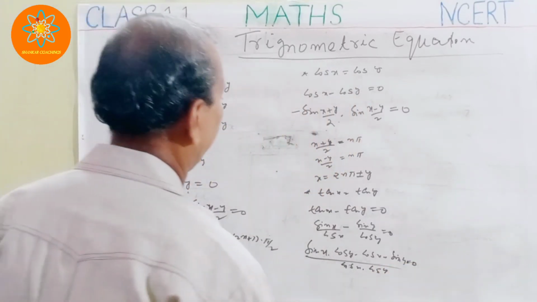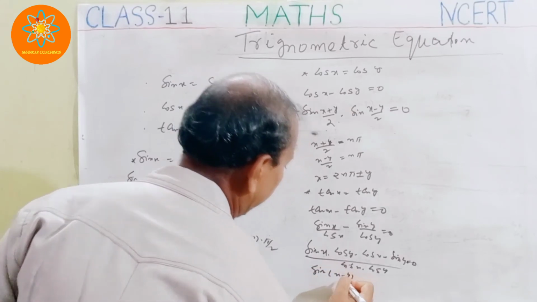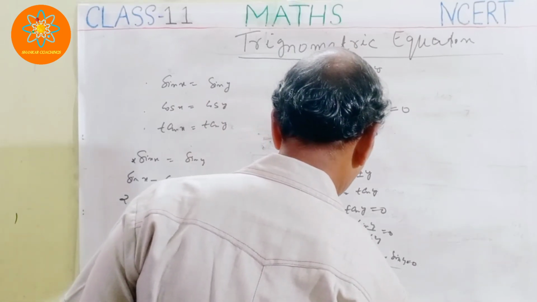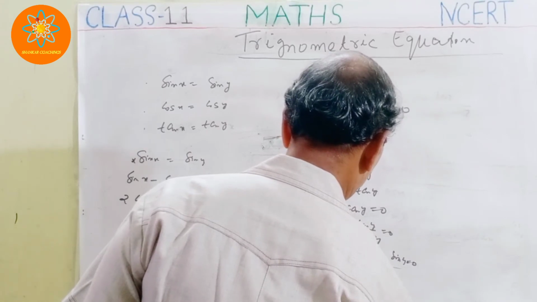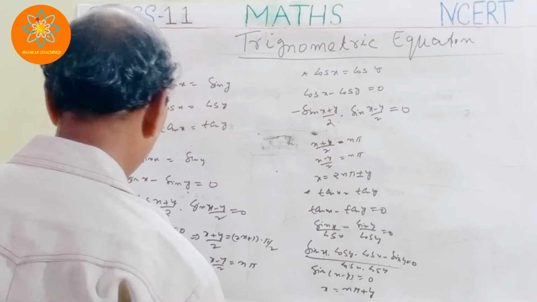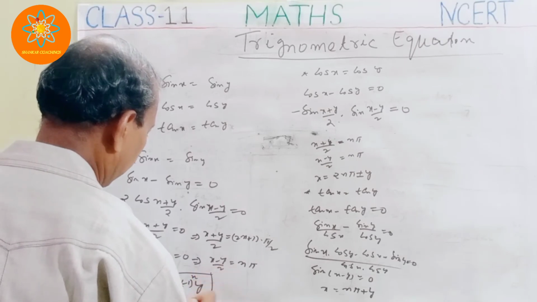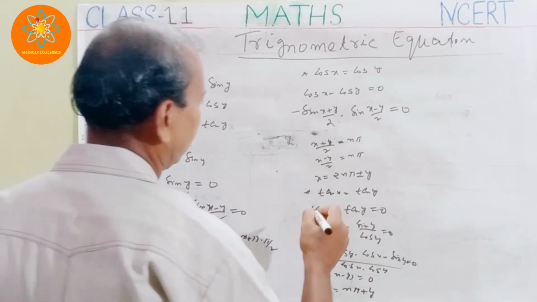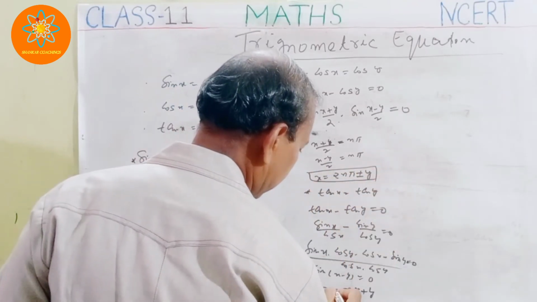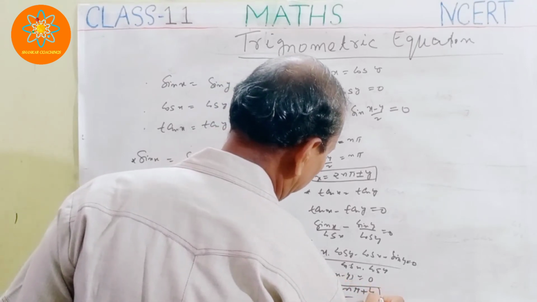Or I can write it here sine of (x minus y) is equal to 0, or x is equal to n pi plus y. So these are the values here. This is the first one for sine x equals sine y, this is the second one, cos x is equal to cos y, and this is the third one, tan x is equal to tan y.